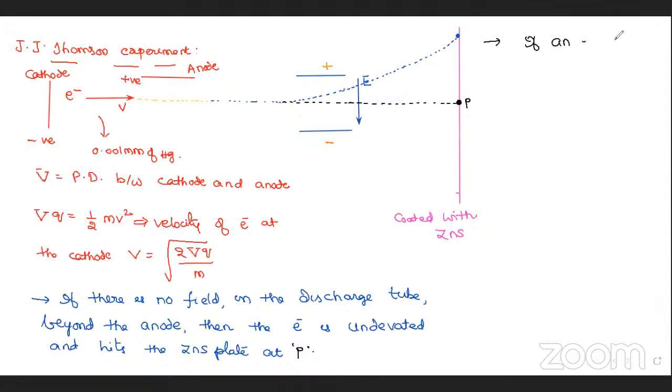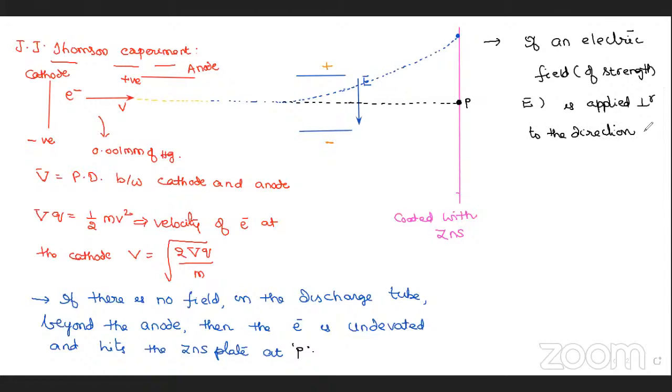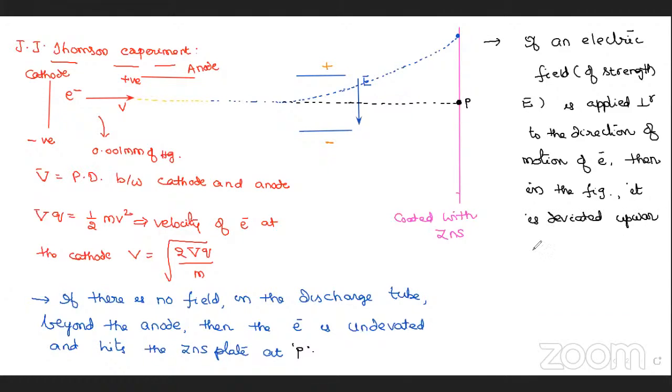If an electric field of strength E is applied perpendicular to the direction of motion of the electron, then in the figure it is deviated upwards and hits the plate, say at point Q.